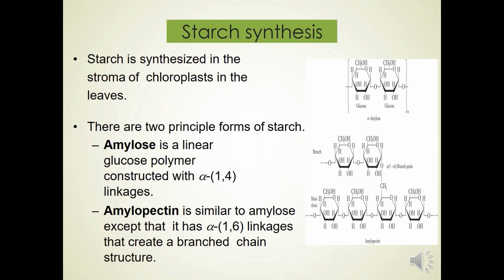Because of that, at the branches of the glucose, they have a different linkage, which is alpha 1,6 linkage. They also have alpha 1,4 linkage for their straight glucose polymer. So this amylopectin has alpha 1,4 and also alpha 1,6 that creates the branched chain structure of the amylopectin.